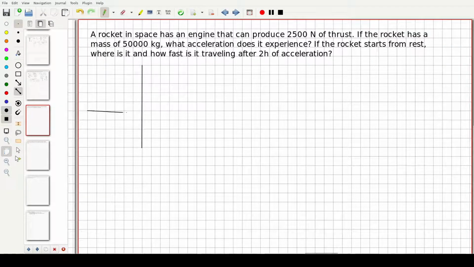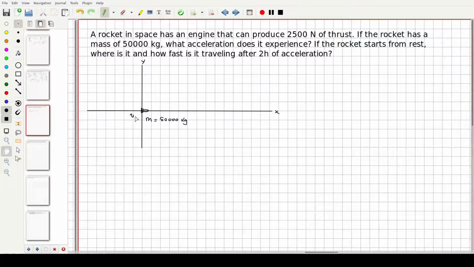I'm going to have our rocket move along the x direction, like that. So here's our little rocket ship. Maybe it looks something like that. Who knows? Okay, it has a mass. The mass is 50,000 kilograms. Okay, now it starts from rest.